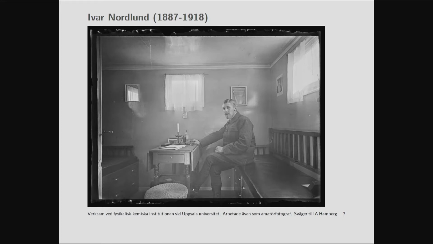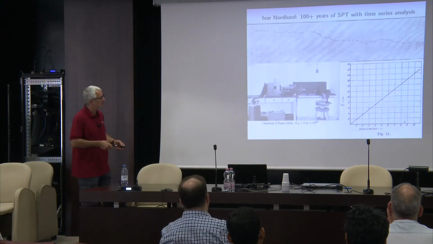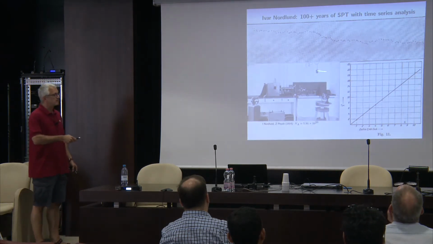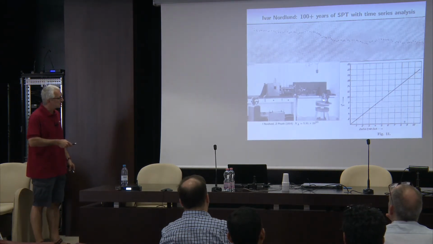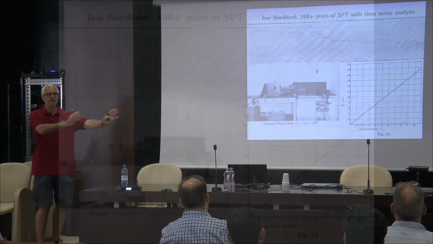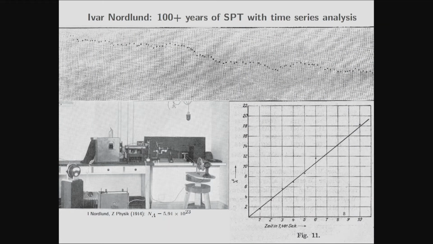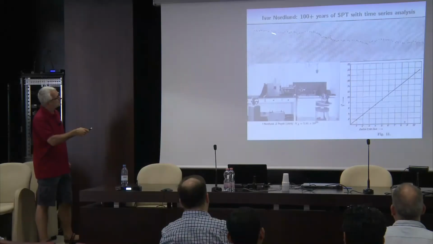He was part of all kinds of expeditions to the north of Sweden, and he portrayed situations in the lab, but he was good enough in photography to invent a completely new setup. And the heart of the setup is actually here. You have a little motor that's driving the photographic film plate. So he used a moving film plate to actually create a time series of the motion. So you had a very small capsule, there was water or some other liquid, and there was a mercury droplet, and you see the deterministic part, that's the sedimentation of the droplet.